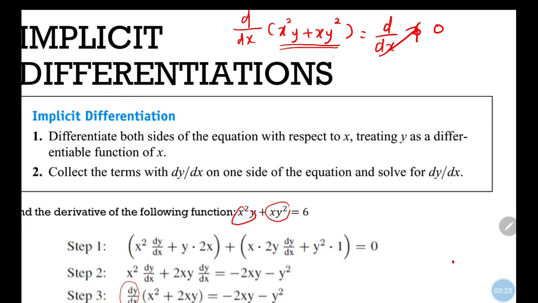First, from the left, copy x and differentiate y.